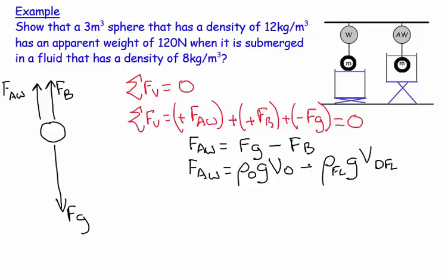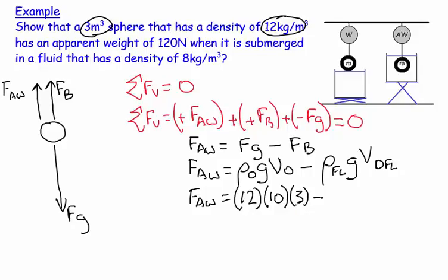And what we see here is that when the thing is submerged, the volume of the displaced fluid is the same as the volume of the object. So our apparent weight is equal to the density of the object, so that's 12, and g on the surface of the Earth is 10 newtons for every kilogram, and the volume of the object, it's a 3 cubic meter object, minus the density of the fluid.